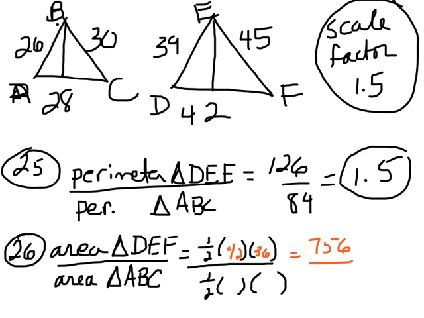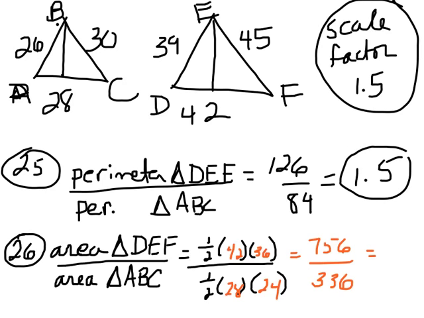Let's find the area of ABC. It's 1/2. Its base is 28, right? And didn't we find its height a while ago? Oh, it's 24. It's on there, isn't it? Okay. So let's multiply that out. And I get 336. Now let's divide that out.